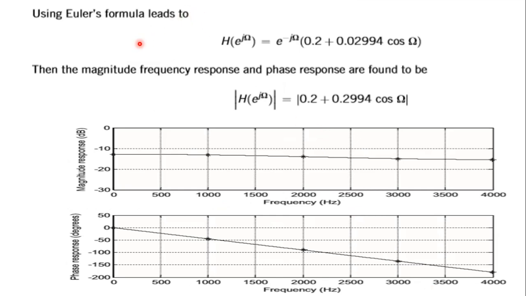By using Euler's formula, we have calculated the magnitude and plotted both the magnitude response and the phase response over here. This is a simple example of how we can apply a window to avoid the sharp transition due to the high frequencies.